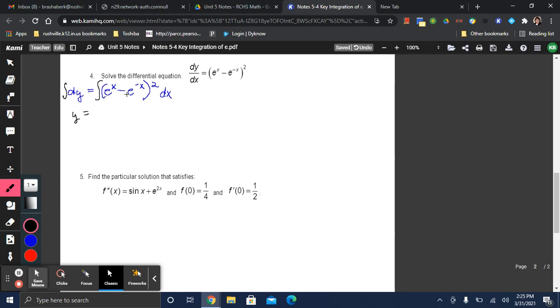Now this side, I have a product, and I'm going to need to multiply this out in order to do the antiderivative. So I'm going to do that work off to the side, taking e to the x minus e to the negative x times itself.